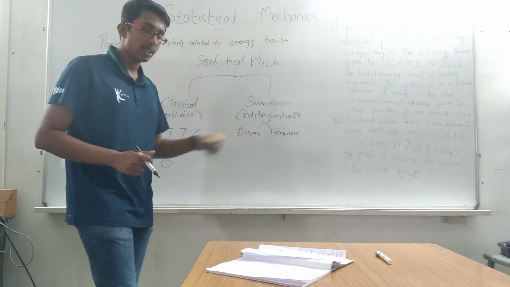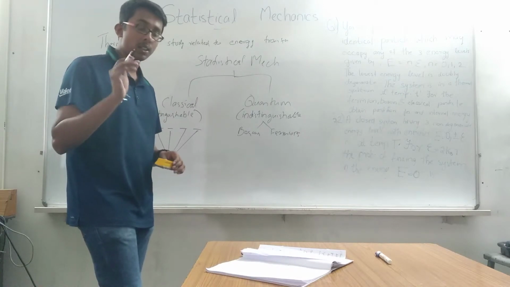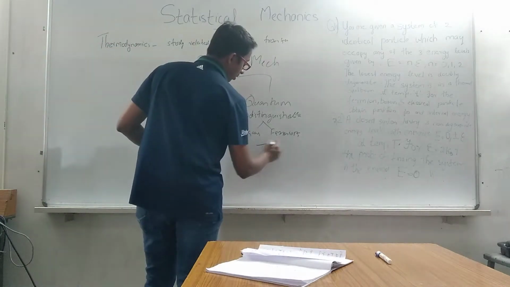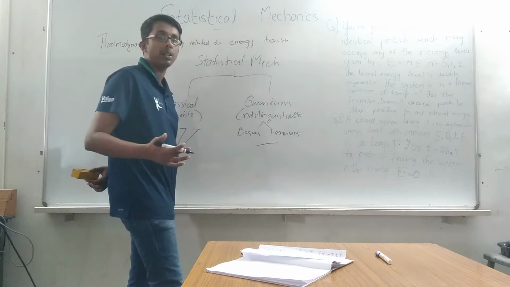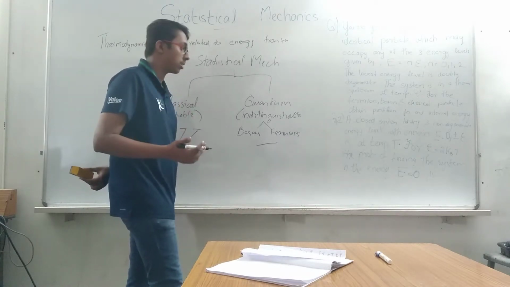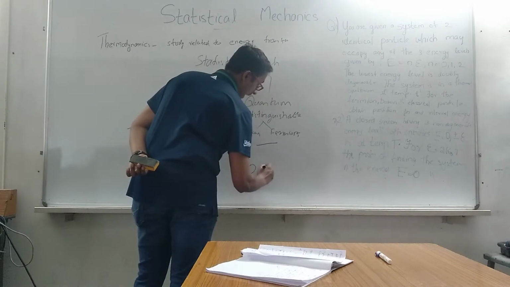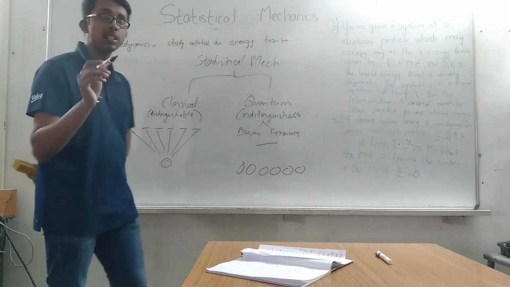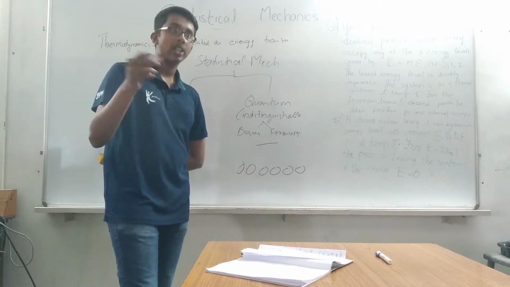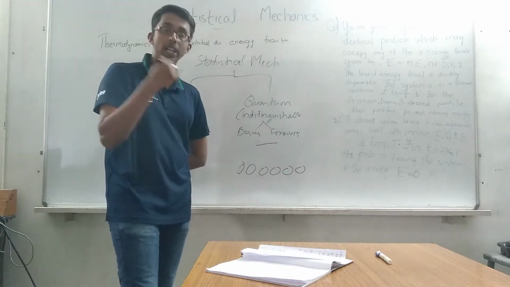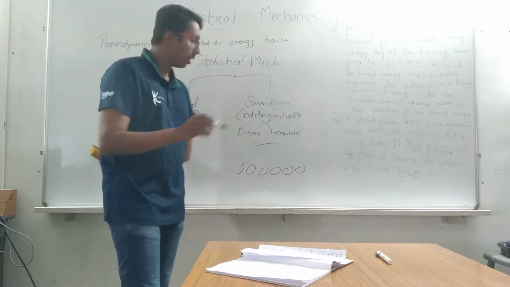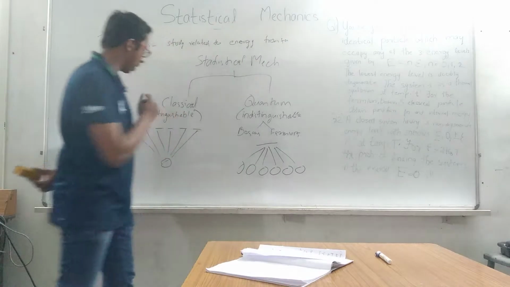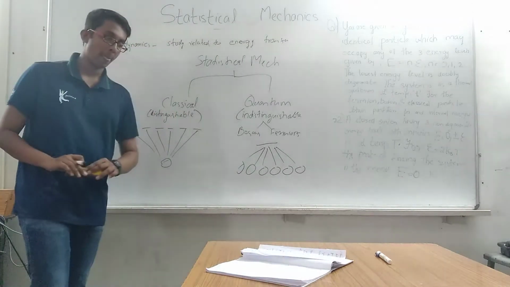A single quantum state can be occupied by several particles. It may differ based on fermions and bosons, but as they are indistinguishable particles, we cannot distinguish between any of the particles. So all particles have an equal chance of occupying a particular quantum state. It's the opposite of classical statistical mechanics.